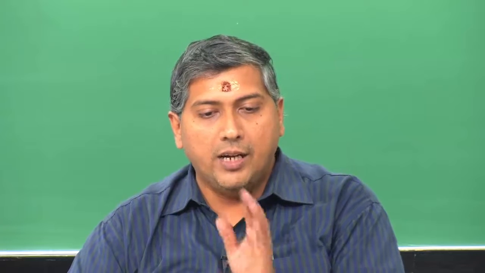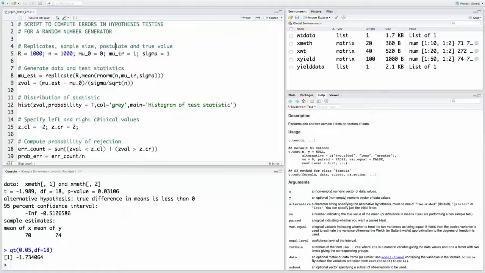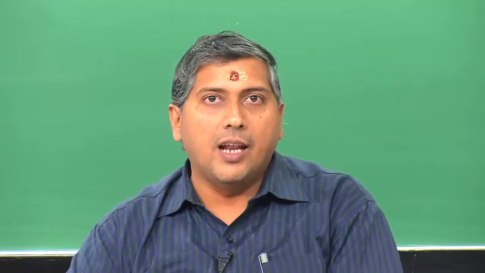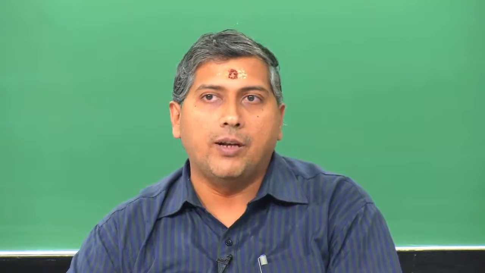Or in this example, the random number generator: let us say the truth is that indeed the random number generator, for example rnorm, does give me numbers from a Gaussian distribution with 0 mean, and I end up rejecting that, maybe because I have such a realization that although I am sampling randomly, there is still a possibility, because I am choosing a critical value that can cause this rejection. That probability of rejecting the null hypothesis when it is true is what we call type 1 error.